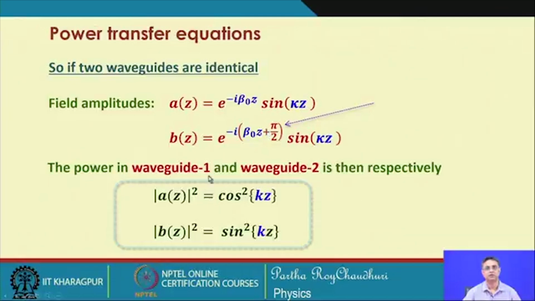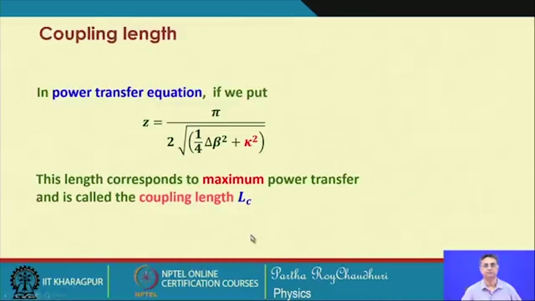The power in waveguide 1 and waveguide 2 is then the mod square of Az and Bz, which gives you cosine square kappa z for Az, and sine square kappa z for Bz. So, these are the two power transfer equations which come from this Az and Bz calculation.